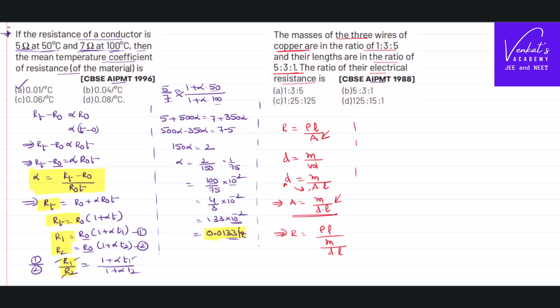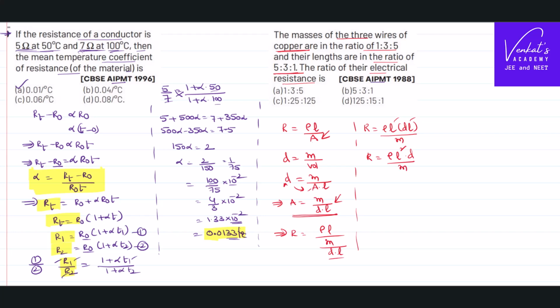When you rearrange the terms, the denominator of the denominator comes to the numerator, so resistance is rho L into L into d by m. So resistance R is specific resistance, L square, density by mass.